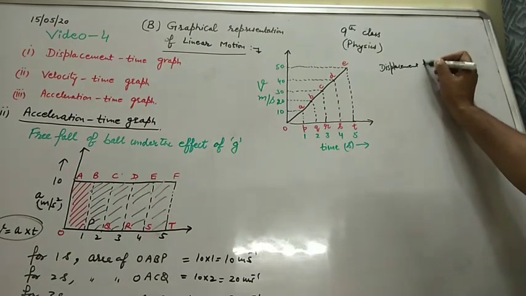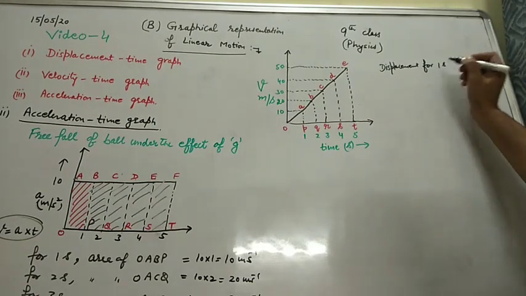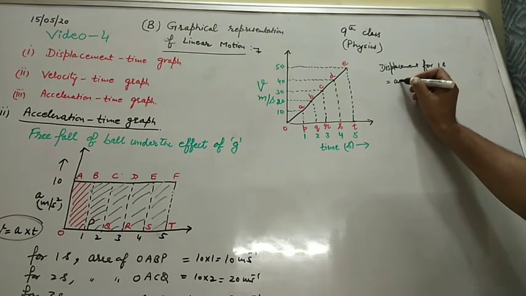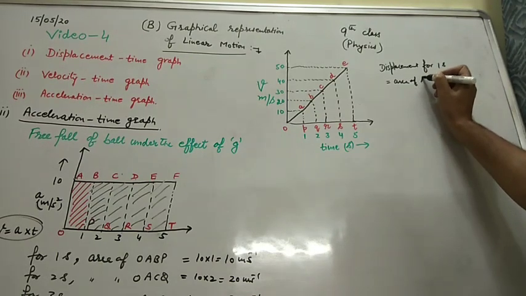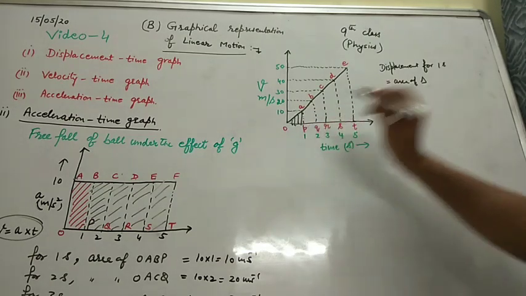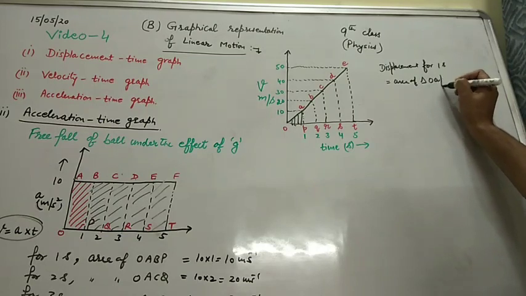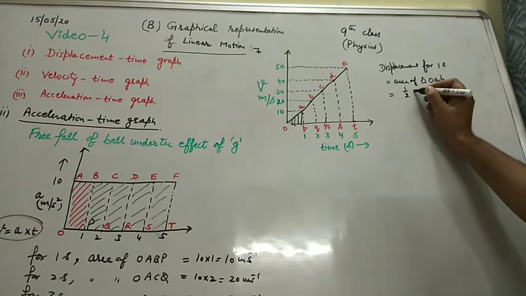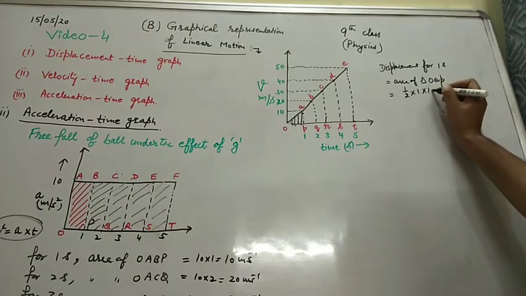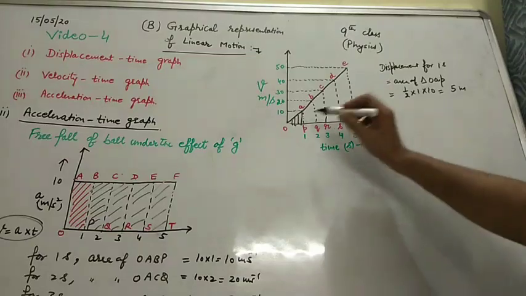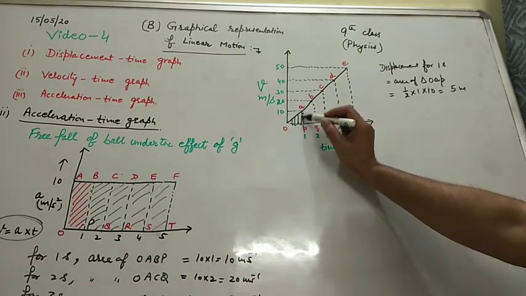Displacement for 1 second, I can get by finding the area of this triangle OAP. What is that? Half into base into height, and the value is 5 meter. For this triangle you can get the area.